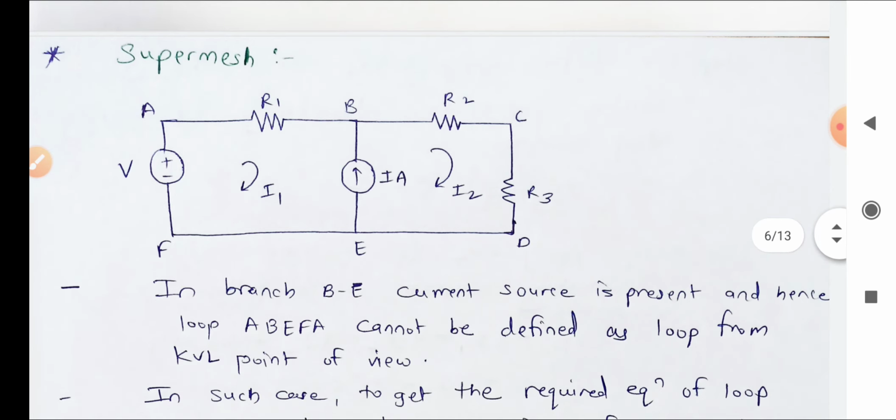Now here the network is A, B, C, D, E, F, A, and in that network BE has the current source. So current source I ampere is present in branch BE. First of all, we are going to write the current source equation independently, in terms of the loop currents.